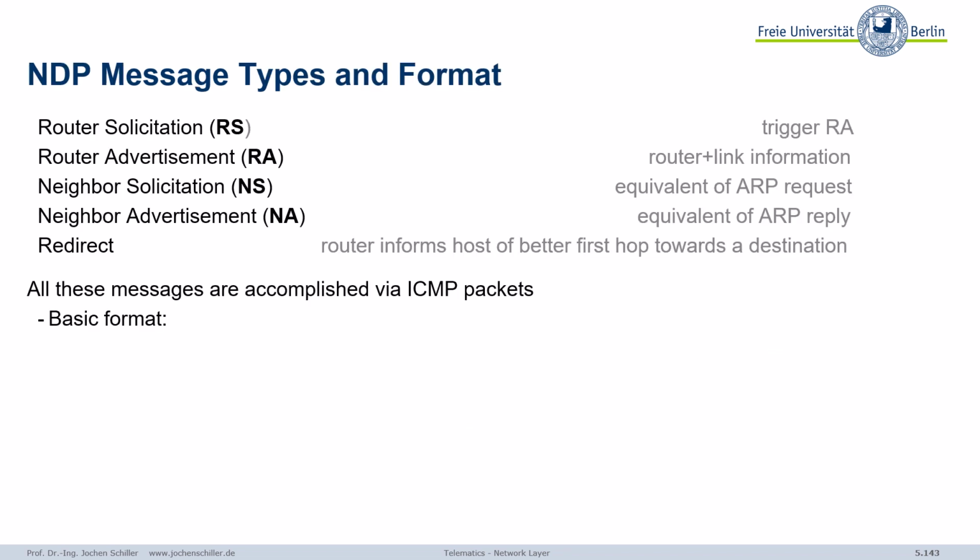So, and this is what we can do with this neighbor discovery protocol. We can do what was formerly called ARP, our neighbor solicitation and neighbor advertisement, and also router advertisements, router solicitation. Router solicitation, the idea is to trigger a router advertisement, and the router advertisement itself, that's quite important.